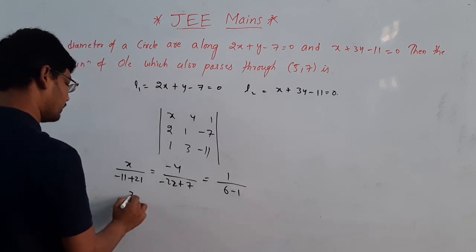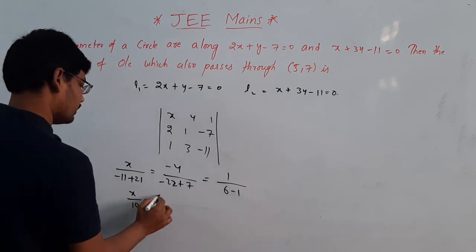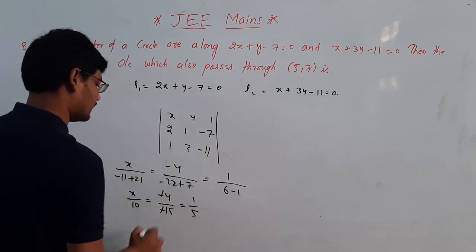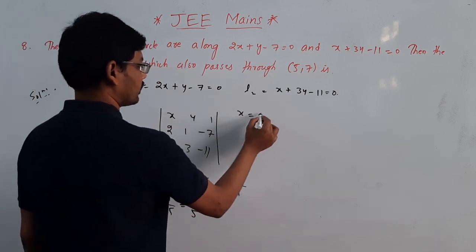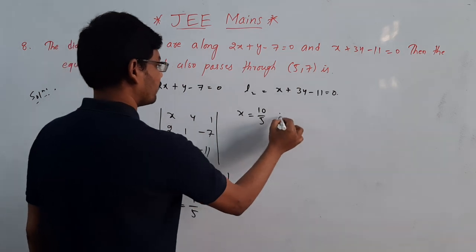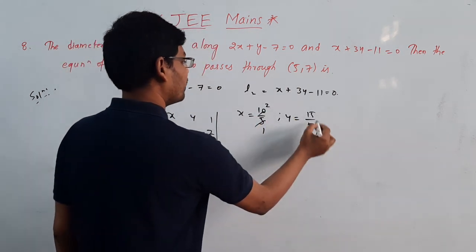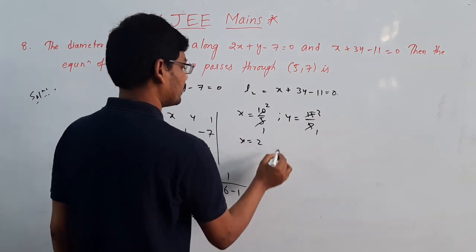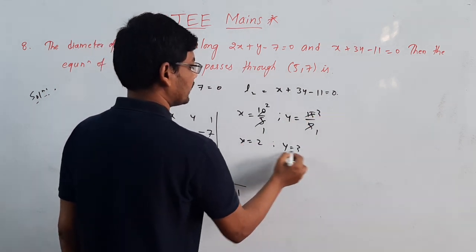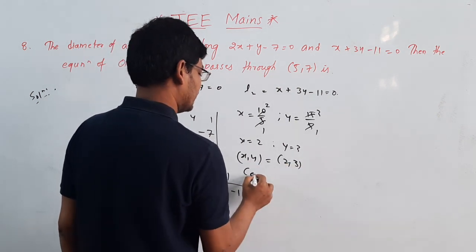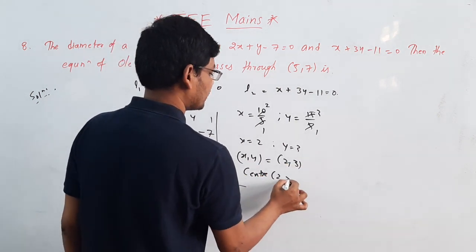So x by 10, −y by −15, 1 by 5, so x = 10 by 5 and y = 15 by 5. Therefore x = 2, y = 3. The center is nothing but (2, 3).